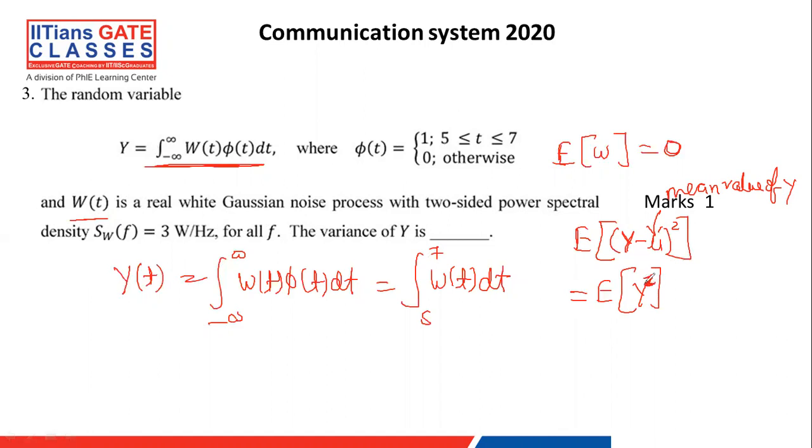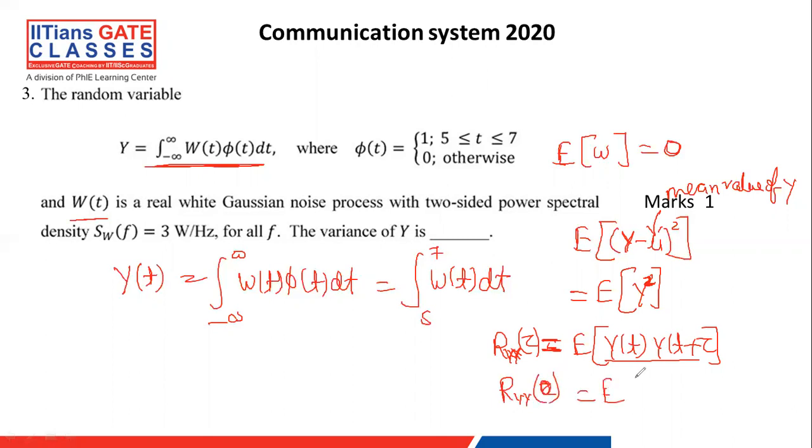Now this can be calculated from the expected value of y(t) y(t plus tau), which is the autocorrelation of y. This is R_xx, sorry, R_yy(tau). This is the autocorrelation of y. If you put tau equal to 0 in R_yy(tau), it will be simply the expected value of y squared(t), so that will give us the variance.